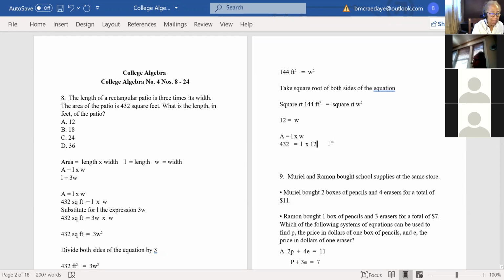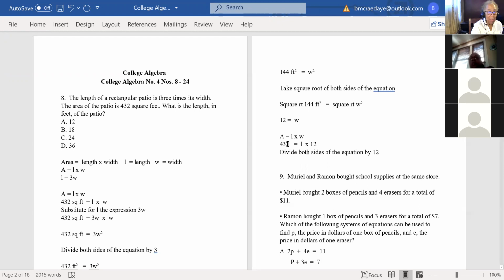This is a multiplication. Chastity, what's the opposite of multiplication? Division? That's right. So what do I divide by? 12? You divide both sides of the equation by 12.